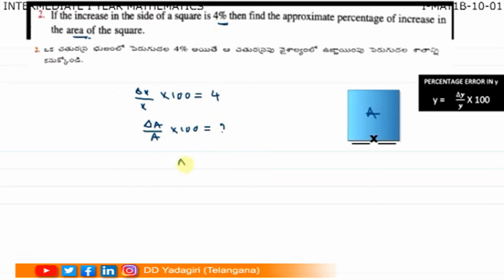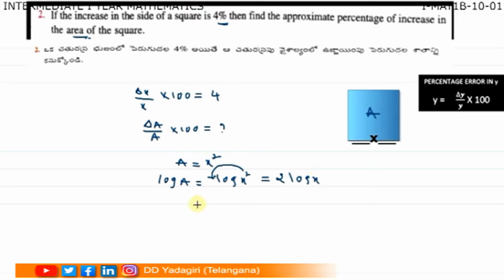Now we know the formula A is equal to x square, area of the square. To find the percentage error or relative error, take log on both sides. Log A is equal to log x square. Using the logarithm formula, this can be written as 2 log x, where 2 comes to the front.